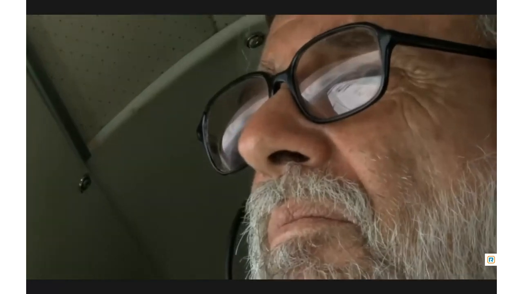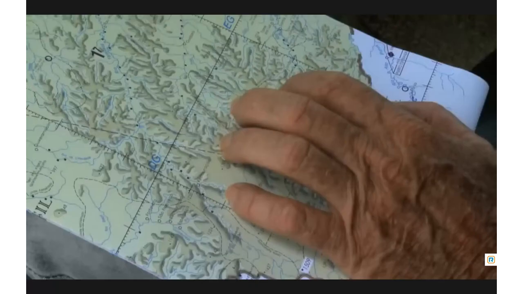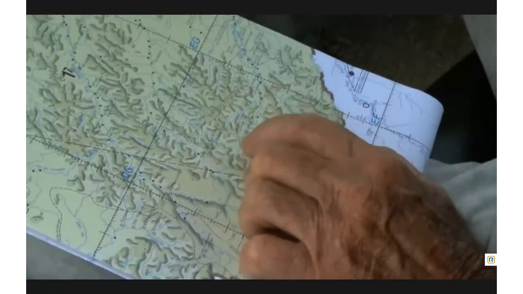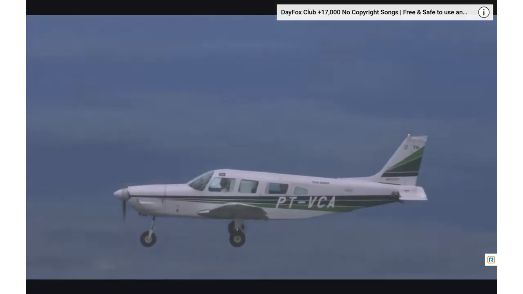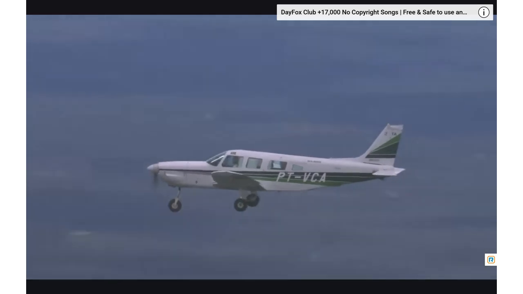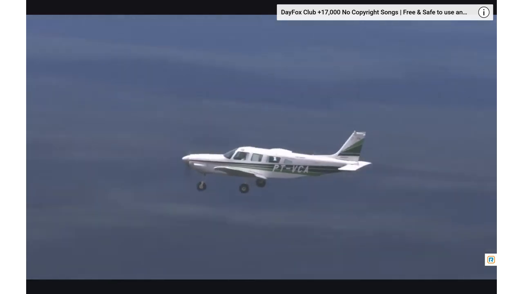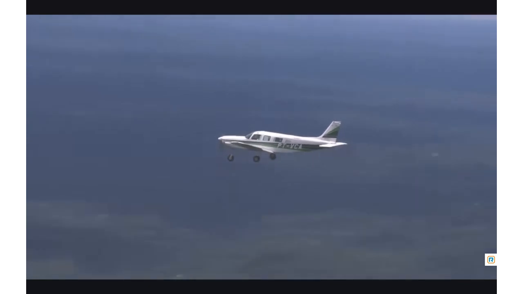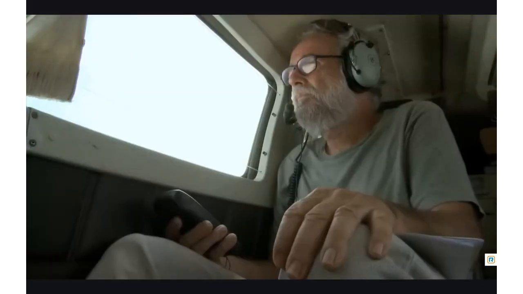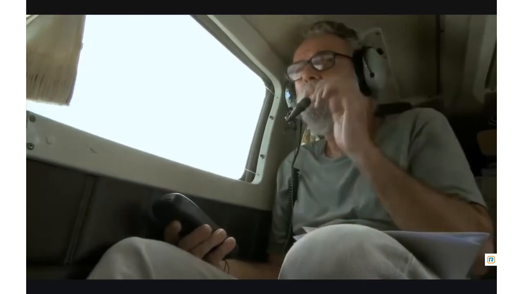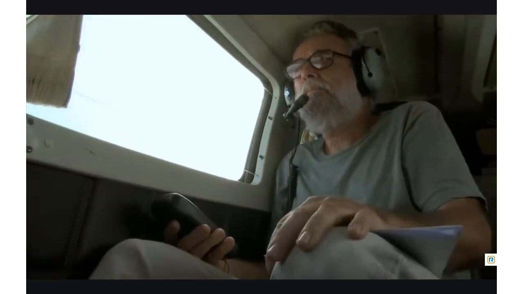Jose Carlos Morelos is on his way to the remote headwaters of the Imbira River in Brazil. The dense Amazon forests below are home to one of the last uncontacted tribes left on Earth. Morelos works for Brazil's Indian Affairs Department and is to monitor the tribe's lands for signs of invaders.